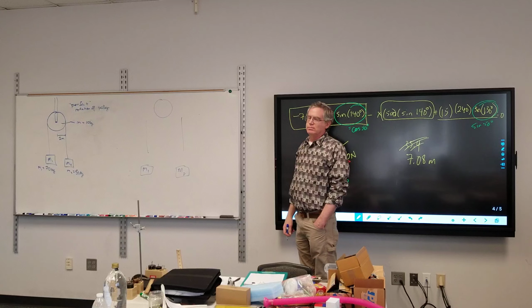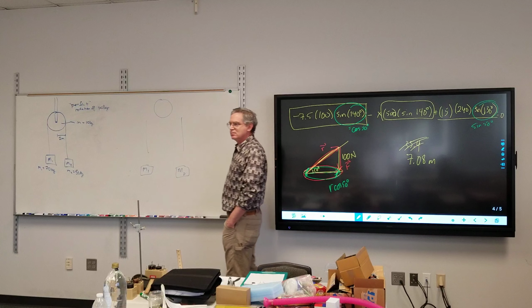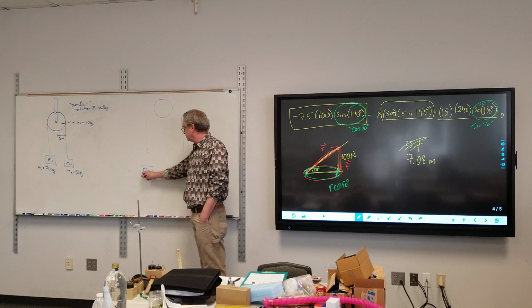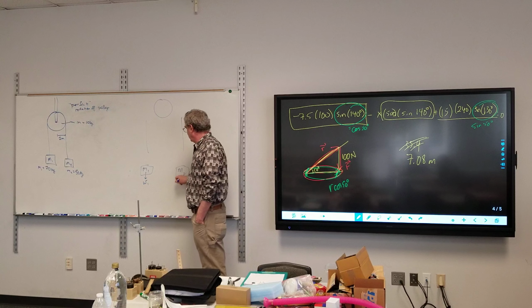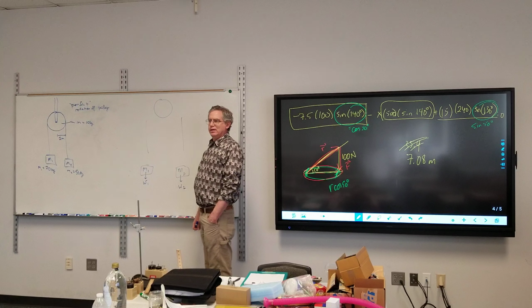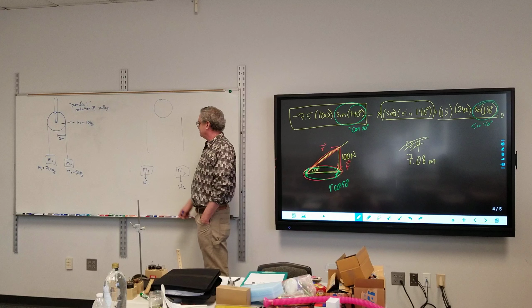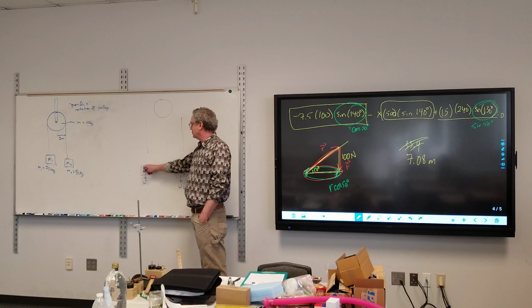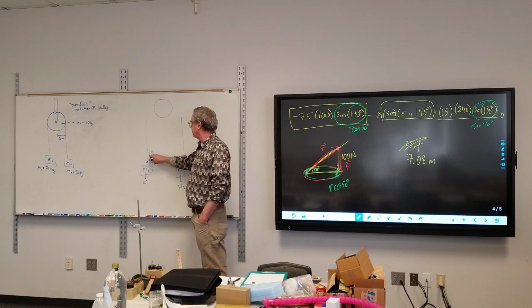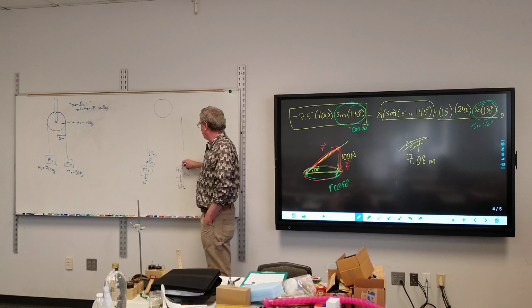What are the forces acting on this problem? Weight of mass 1 and mass 2, weight 1, weight 2. Tension between the rope and mass 1 on the left, FT1, and FT2 on the right.